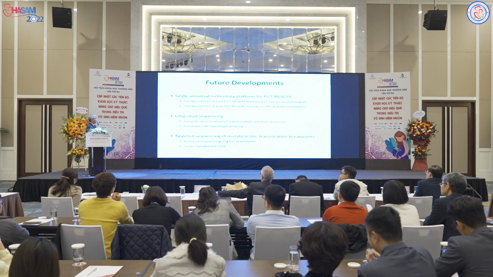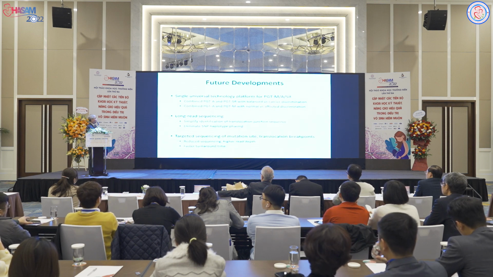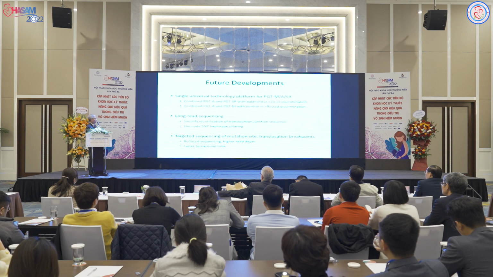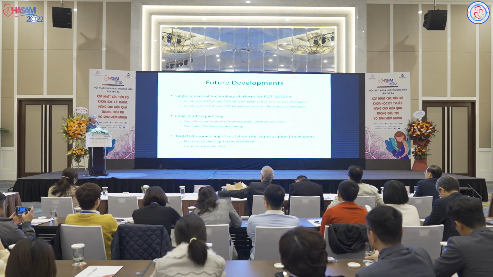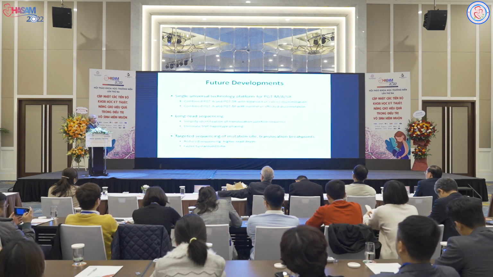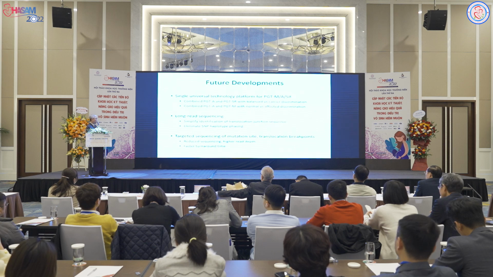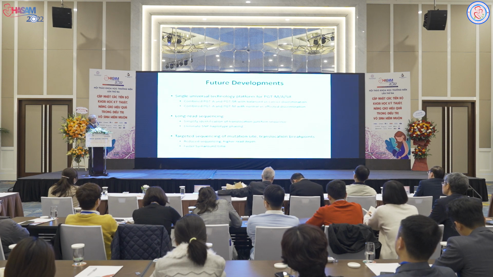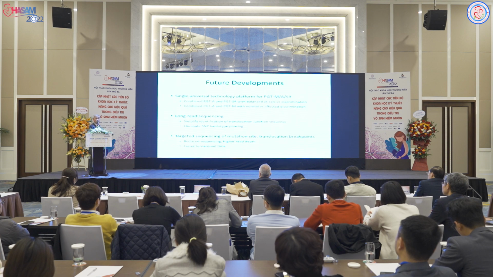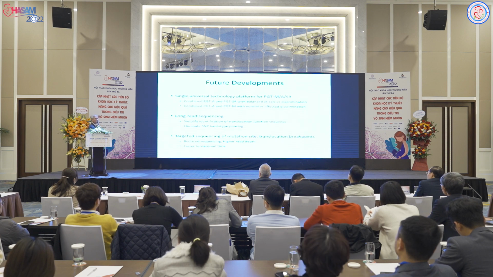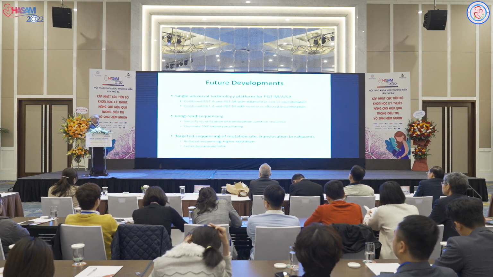But I see that eventually there will be more people embracing long-read sequencing simply because it's simpler to identify translocation junction sequences. And the other thing that's good about long-read sequencing is that it also eliminates SNP haplotype phasing for those who want to use haplotype-based methods of discriminating between normal and balanced embryos.